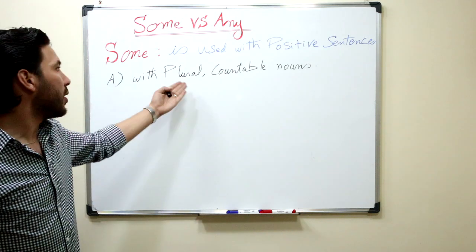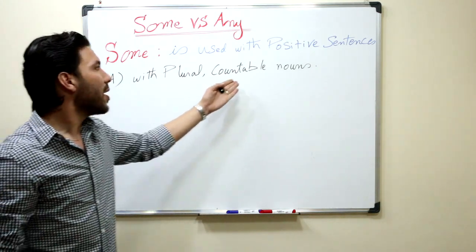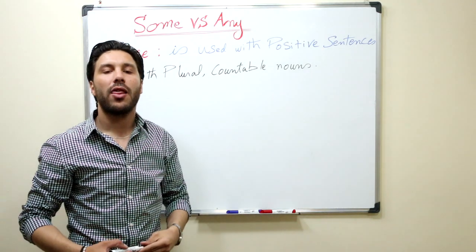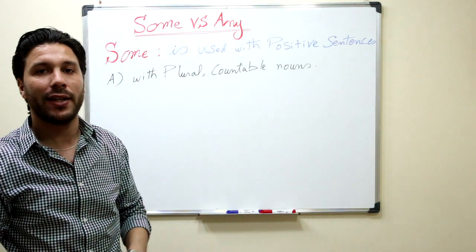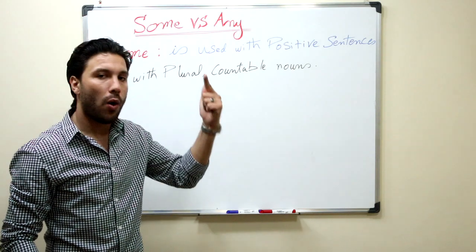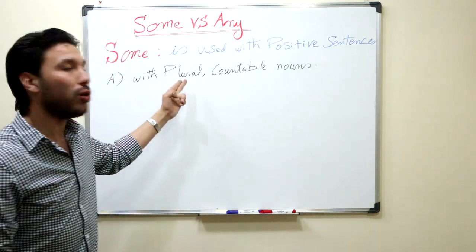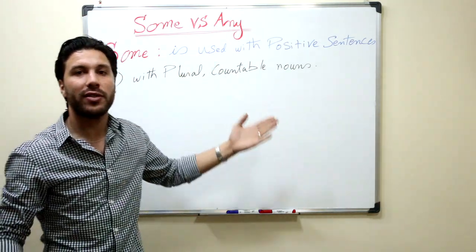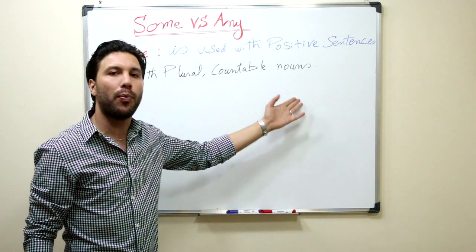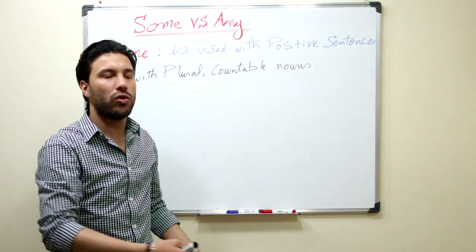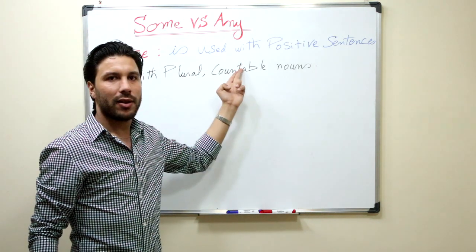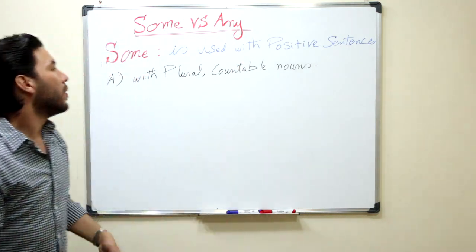Plural, as you know, is the opposite of singular, of course, and countable nouns are things that we can count like 1, 2, 3, 4, and so on. For example, one boy, that is singular. Plural could be 2 boys, 3 boys, a girl, 2 girls, a board, 2 boards, a country, 2 countries. That is countable nouns. Good.